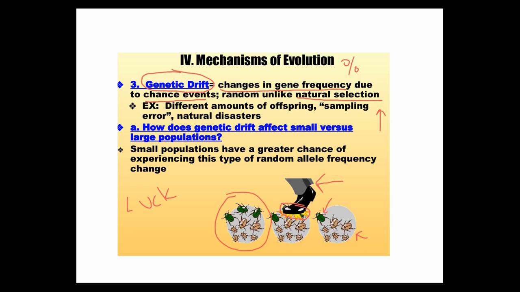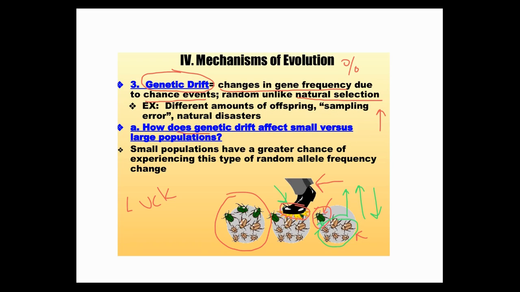So the frequency of that green allele through genetic drift, just by bad luck of getting stepped on, went way, way down, where the frequency of the tan allele went up, because there's the same number of tan beetles but fewer green beetles, so the tan allele went up just by being lucky. And that's what genetic drift is.